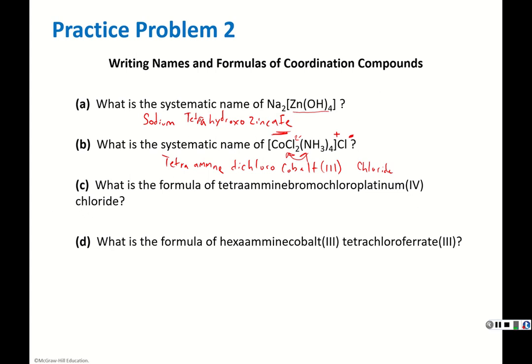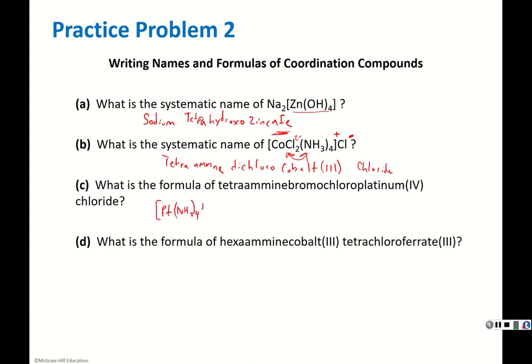Okay, let's try now going from name to formula. So here we have tetraamminebromochloroplatinum(IV) chloride. So the complex ion is a cation. We have a platinum. Tetraammine, meaning there are 4 of them.